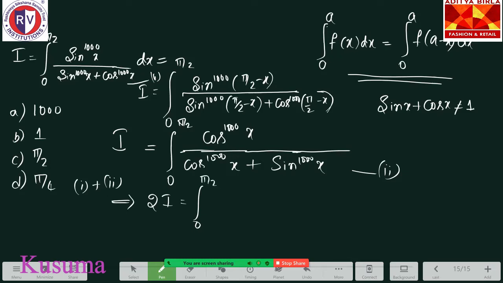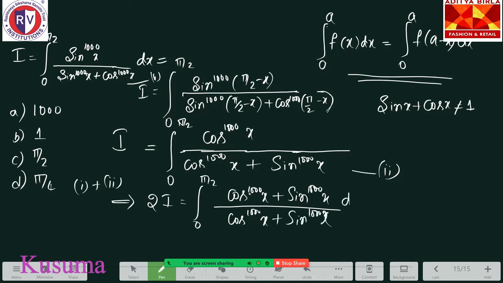So when adding the numerators we get cos to the power 1000x plus sin to the power 1000x divided by cos to the power 1000x plus sin to the power 1000x into dx, which is nothing but integration from 0 to pi by 2 dx.